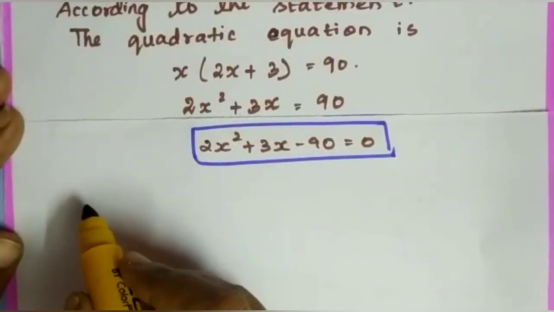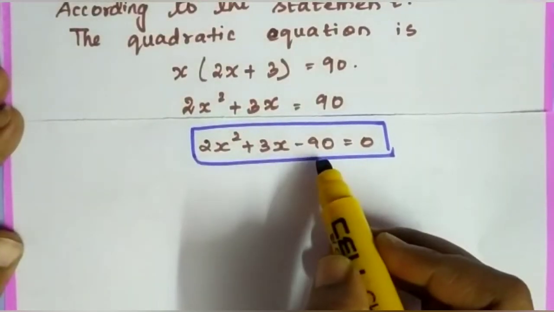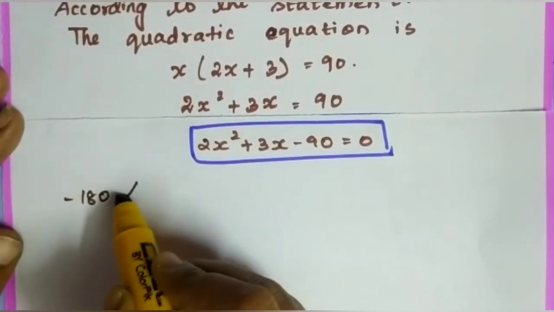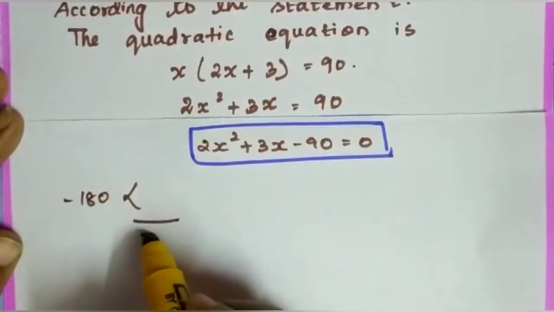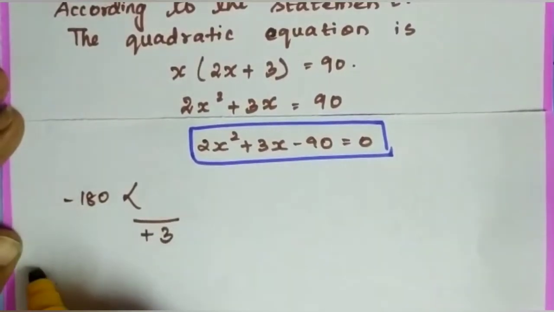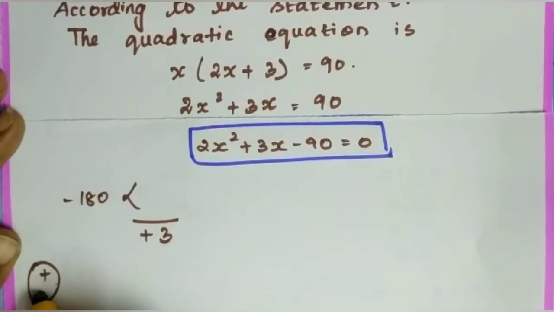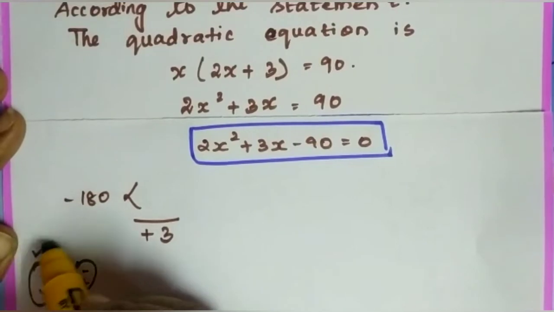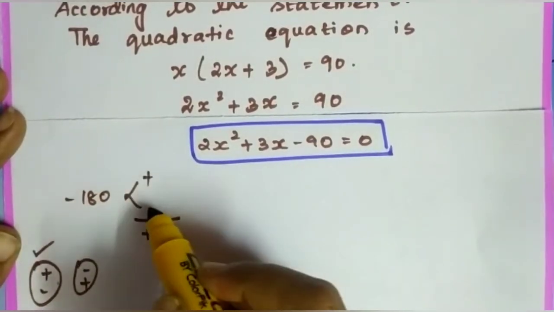Now you have to factorize. 2 into 90 is minus 180 and the middle term is plus 3. Here I have negative, so I will have two options, positive, negative and negative, positive. Here the middle term is positive, so I have to choose positive, negative.